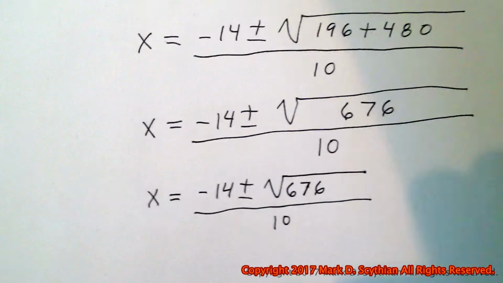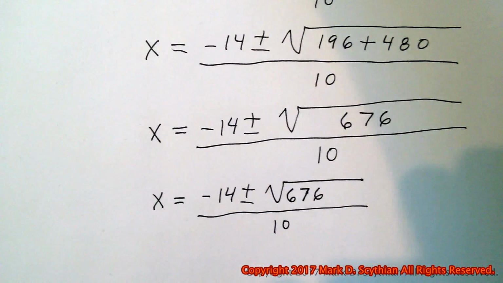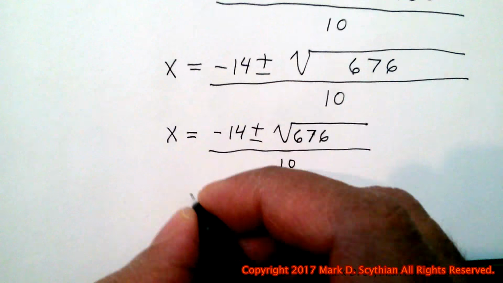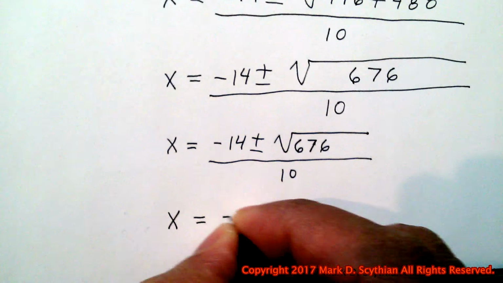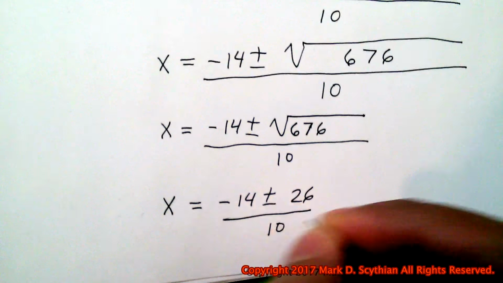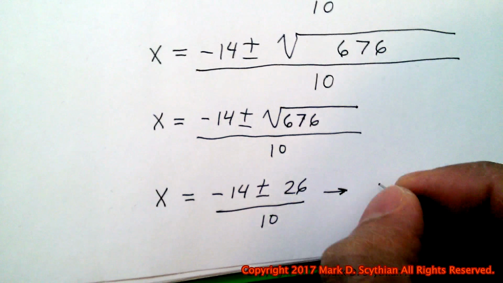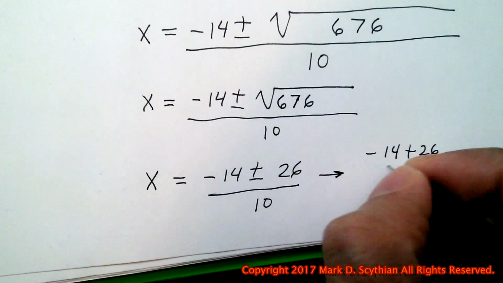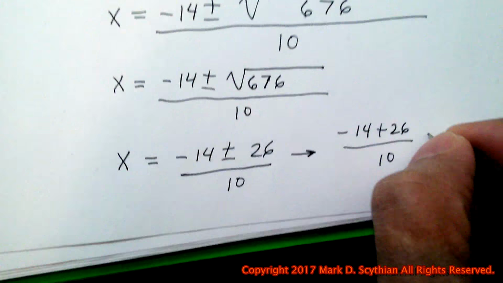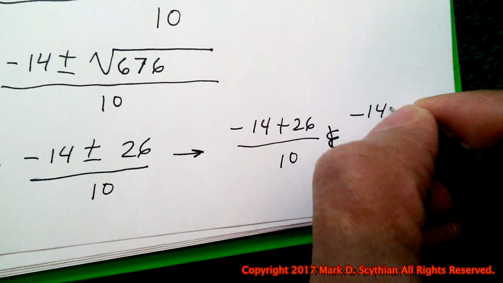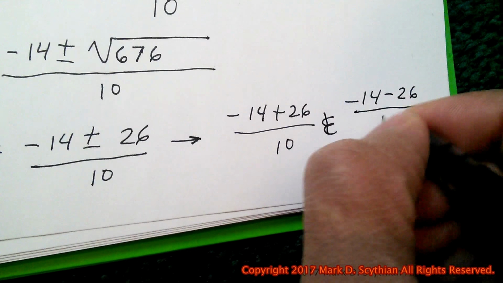The square root of 676 is a perfect square, 26. So x is equal to minus 14 plus or minus 26 over 10. Then this becomes minus 14 plus 26 over 10, and minus 14 minus 26 over 10.